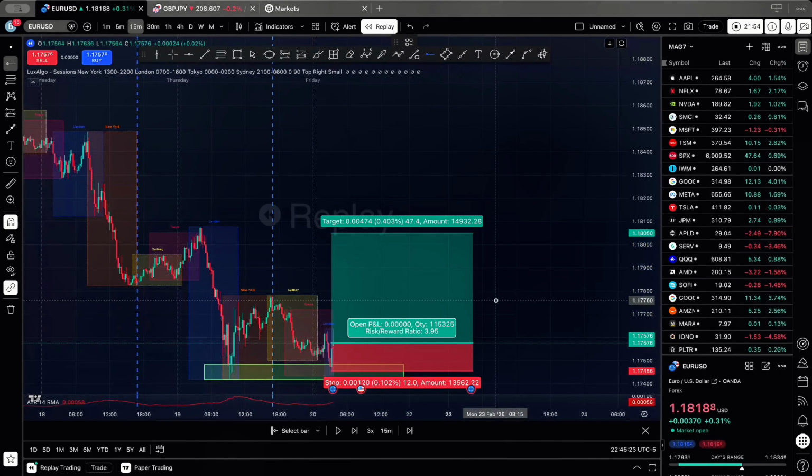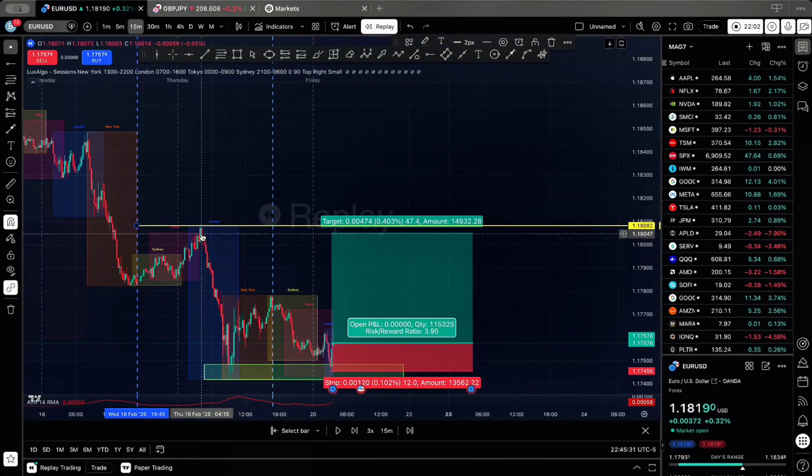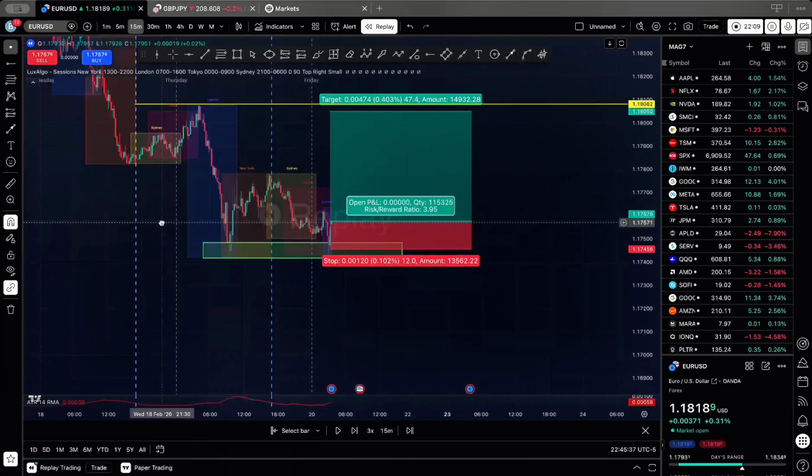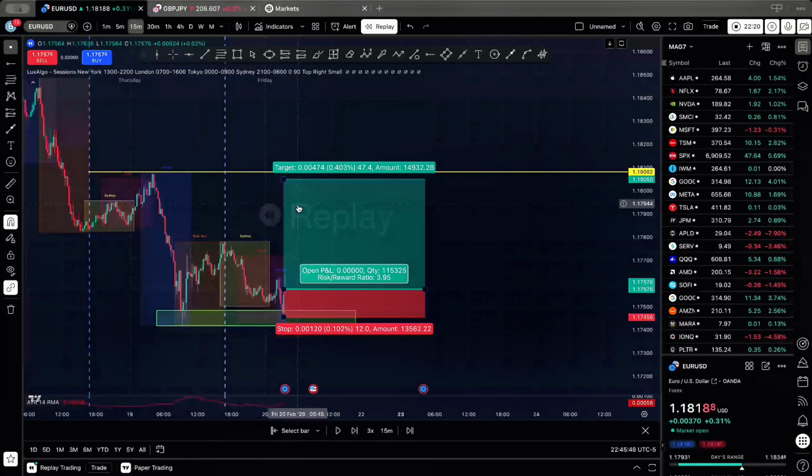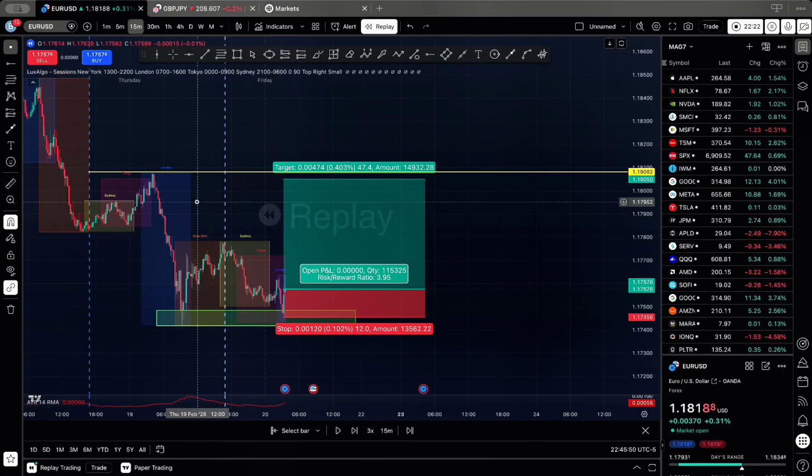Because look at this. This one here, we have the highest of London. This is the high of the previous day. And down here, we have the lowest of the previous day. I'm targeting here the highest of the previous day.